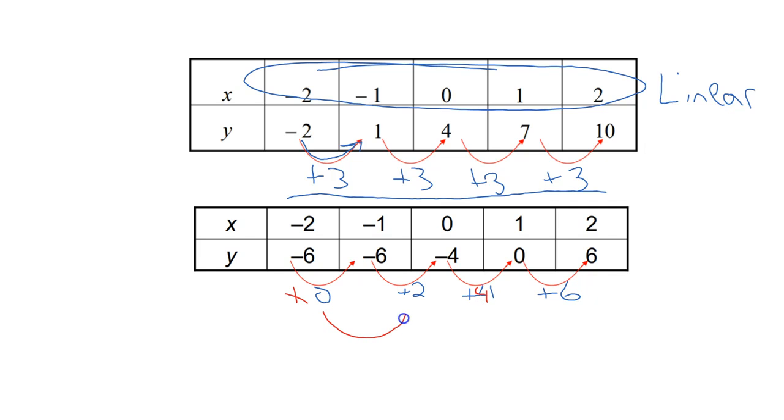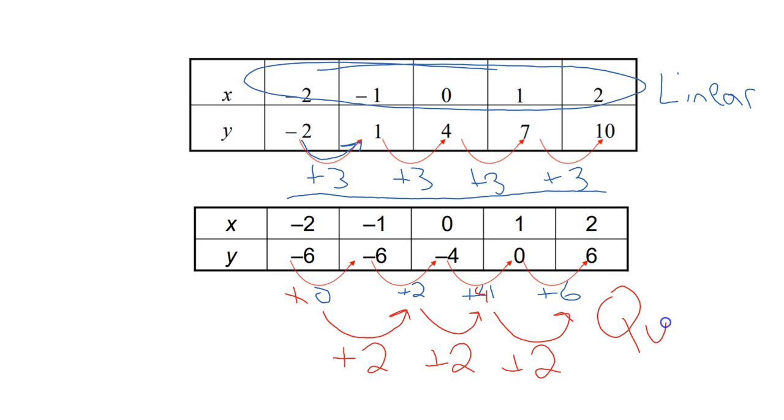Now if we look at the second difference for each of these, we're going to notice now here we have a pattern. So from 0 to 2, we're adding 2. From 2 to 4, we're adding 2. From 4 to 6, we're adding 2. Anytime that second difference is the same, we know we have a quadratic relationship.